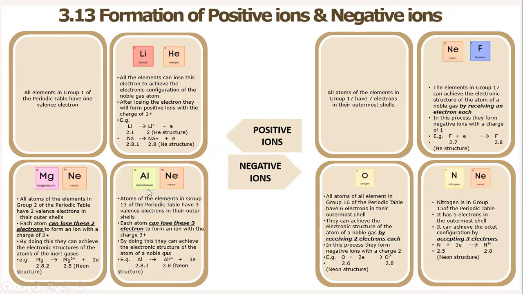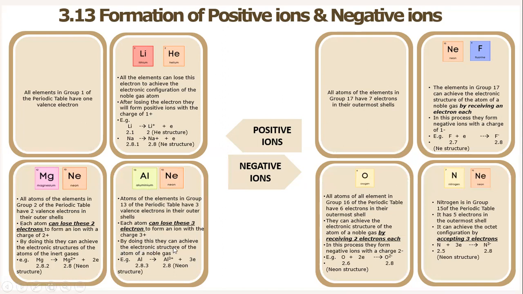And the same thing goes for aluminium. Aluminium atoms of the elements in group 13 of the periodic table have 3 valence electrons in their outer shells. Each atom can lose these 3 electrons to form an ion with a charge of 3 positive.